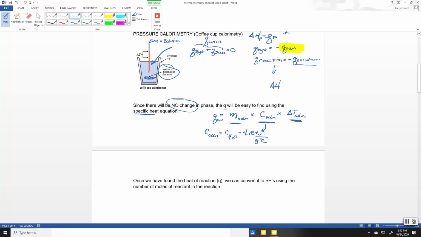And obviously, using the thermometer that's going to be in this cup, we can measure the temperature change. So given this data, we're going to end up with the Q solution. And the Q reaction is going to be equal to the negative of the Q solution.